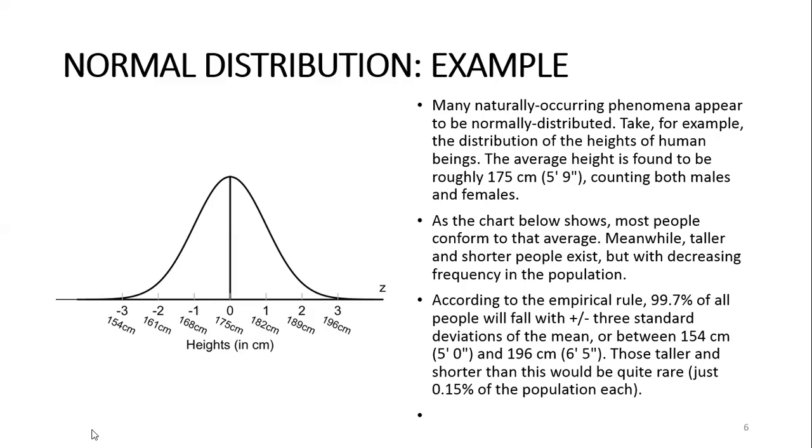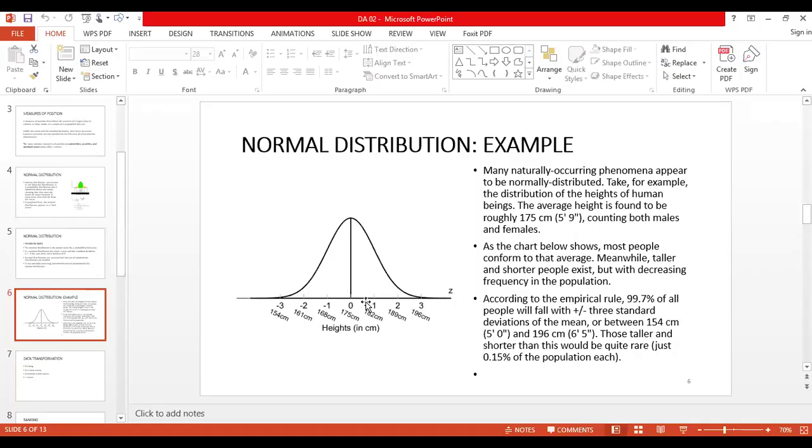So now I want you to also observe 189 minus 182 is what? The same 7, right? And then 196 minus 189 is what? 7. So this gap, what I'm saying is that this gap is the standard deviation.